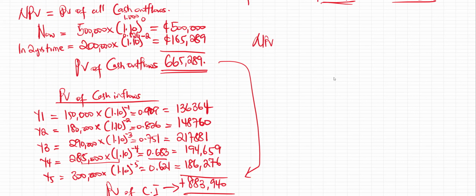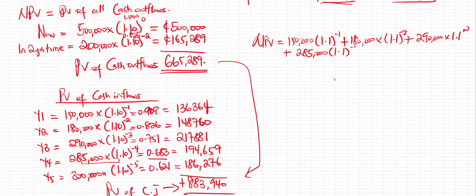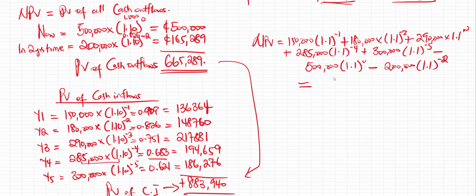I could have just said NPV is equal to 150,000 by 1.1 raised to the power minus 1, plus 180,000 times 1.1 raised to the power negative 2, plus 290,000 times 1.1 raised to the power negative 3, plus 285,000 times 1.1 raised to the power negative 4, plus 300,000 by 1.1 raised to the power negative 5, minus 500,000 by 1.1 raised to the power 0, minus 200,000 times 1.1 raised to the power minus 2, sorry. Then I get my NPV.